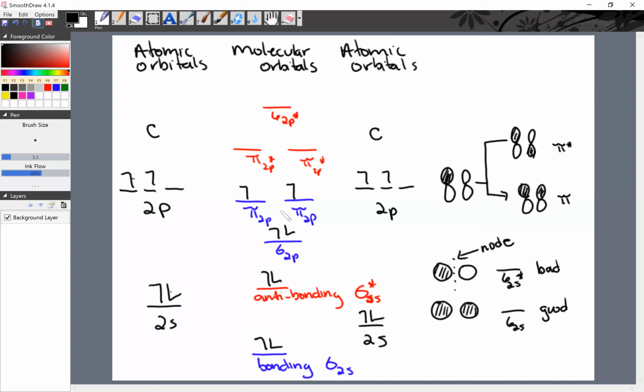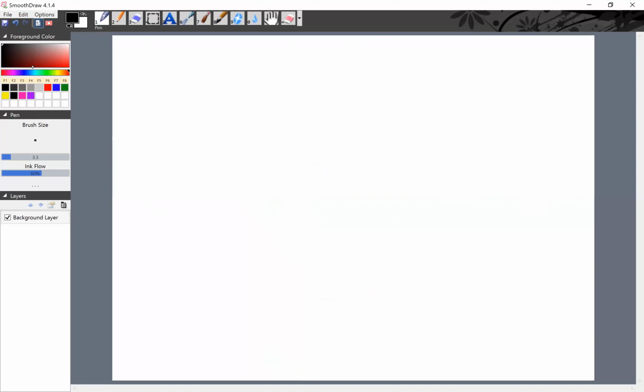When I need to make these conjugated systems, I'm only interested in the p orbitals, so I'm not going to worry about these sigmas, okay? But I have to know what kind of possibilities I have. Let me erase this. And so my first possibility is I could have a pi and an antibonding pi, okay?